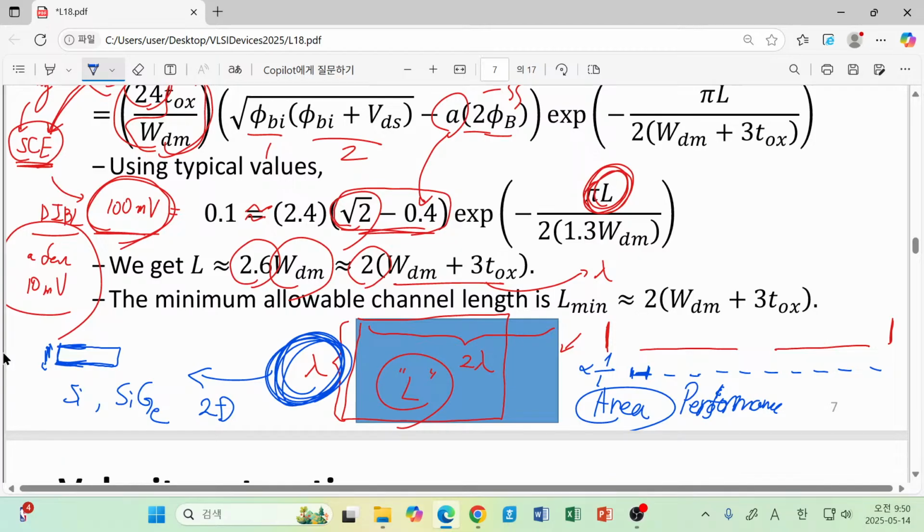The main idea is that we want to reduce the thickness of this system as much as possible. So the first thing we can try is to introduce extremely thin silicon.